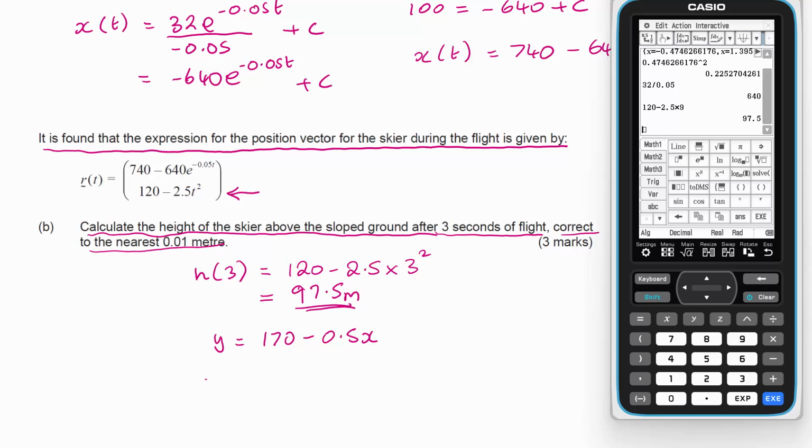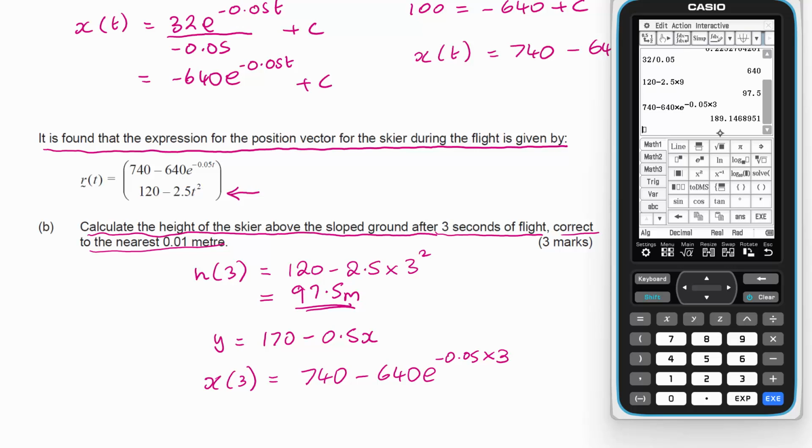So we also need to know x of 3, which is going to be 740 take away 640e to the negative 0.05 times 3, which I've calculated as 189.146 and so on.